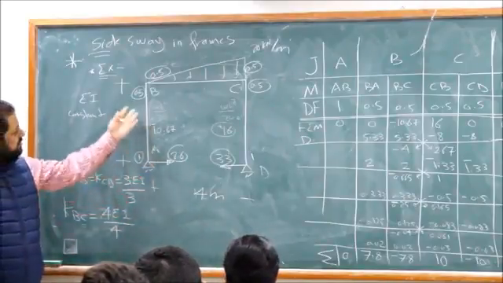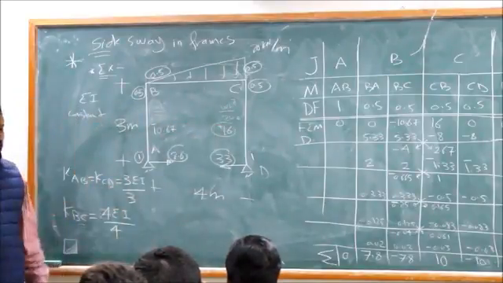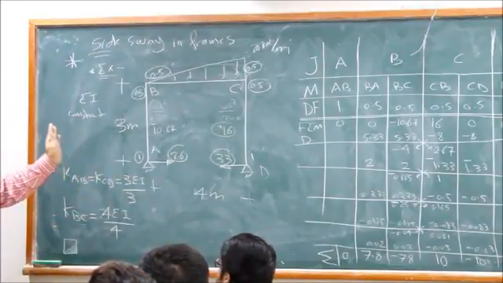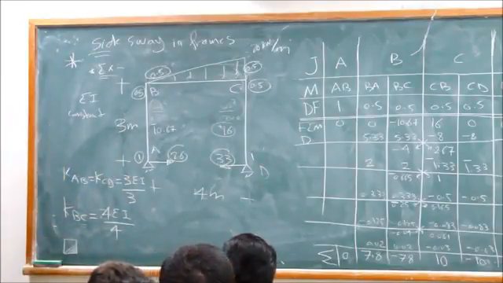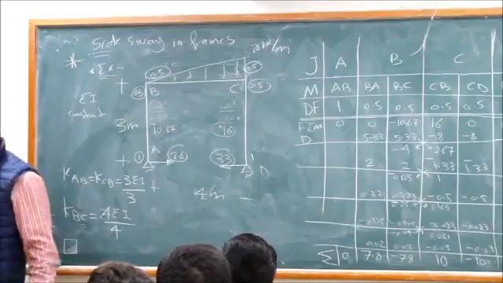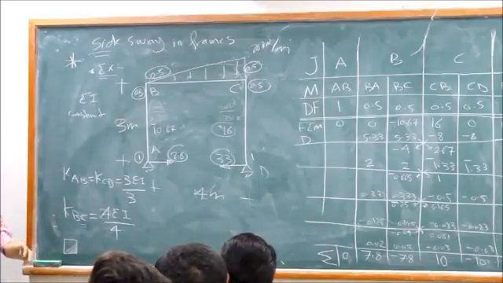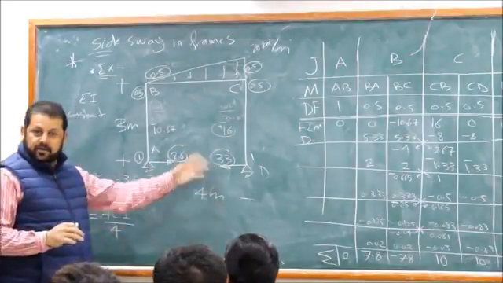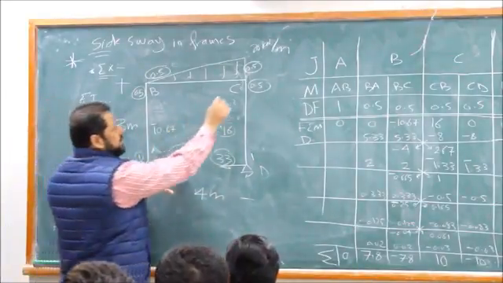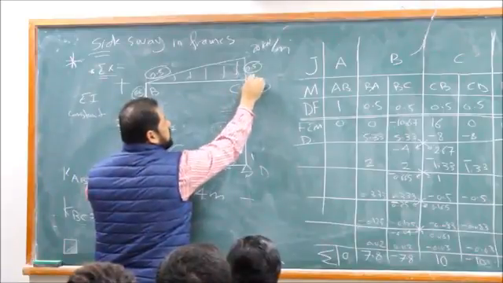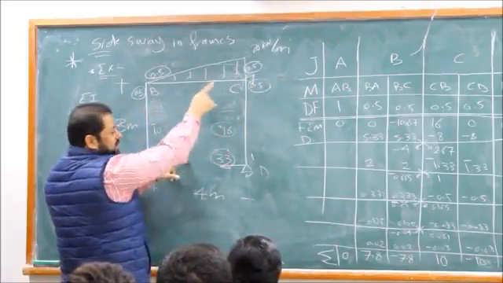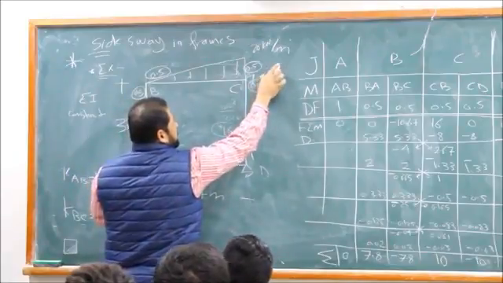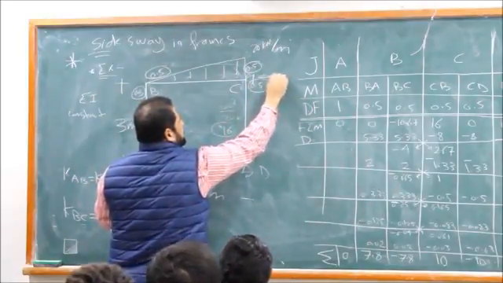So sum of the force in the x direction equals 0. Are they equal to 0? So there is something here. In order for equilibrium, there is a reaction developed by preventing sway here, of the amount of the difference between them.